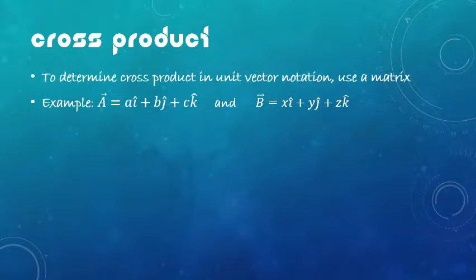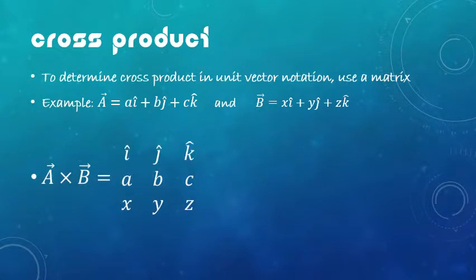So we're going to create a matrix from these two vectors. Our matrix has as its top row the symbols i, j, and k, and that'll always be the case. The second row of our matrix are the variables, or sometimes, as I mentioned, could be constants, that are in front of the i hat, j hat, and k hat on your first vector.